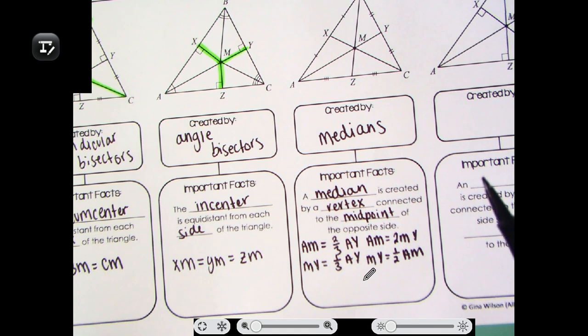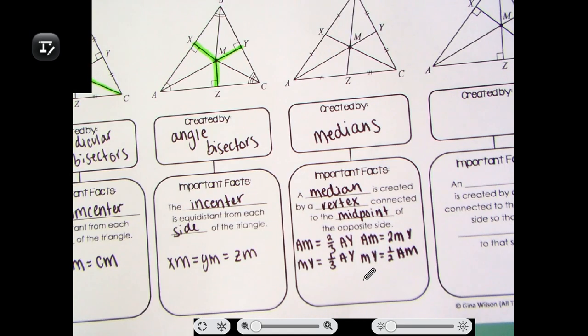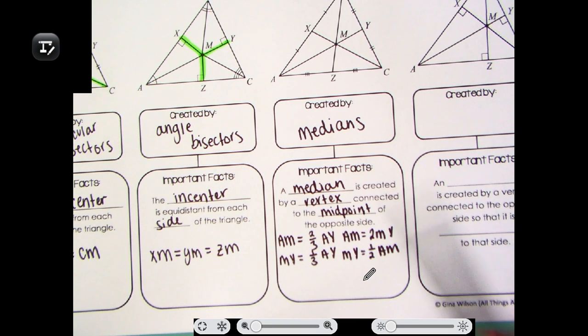So it's all right there, and we went over that in our last notes, and you're going to practice with that some more today as well. But those are the facts for medians. That one probably has the most complicated facts to it because of those special relationships. So those are medians. And then the last one is created by altitudes.